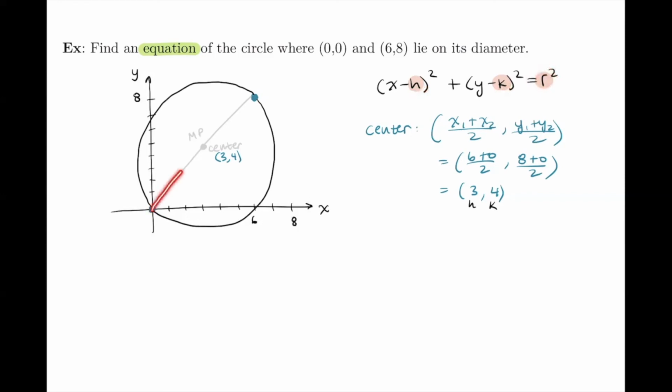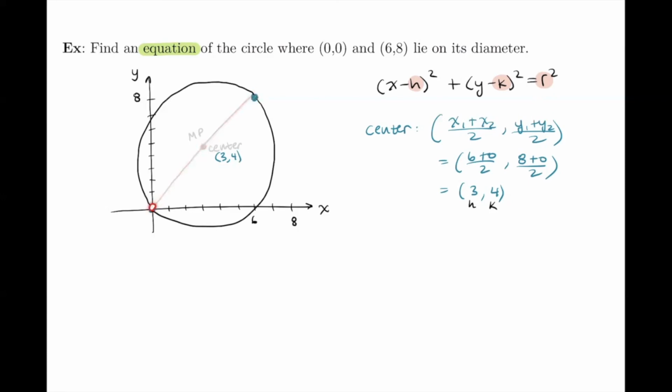Well, we know the 2 points on the diameter. If we cut that length in half from here to here, that will be the radius. So 2 ways you could go about this is just finding the distance between the 2 points on the diameter and cutting that in half, or finding the distance between one of the points and the center, either 0, 0 and the center, or the center and 6, 8.